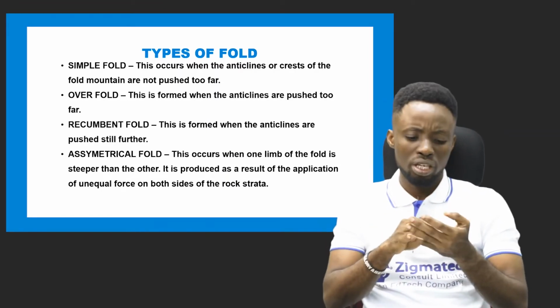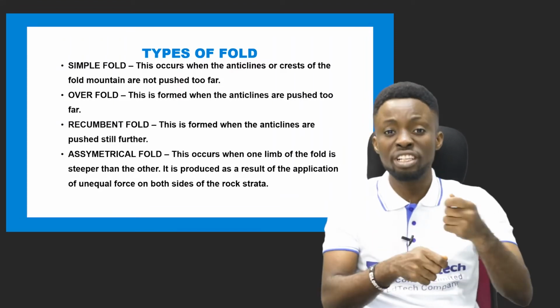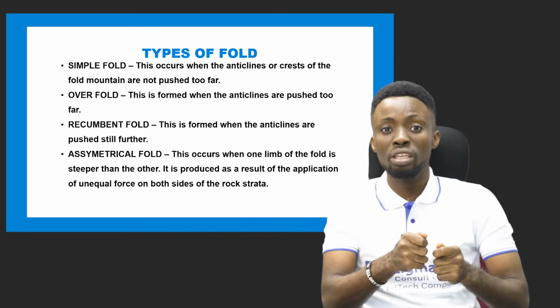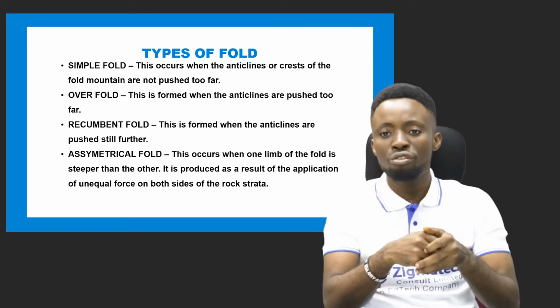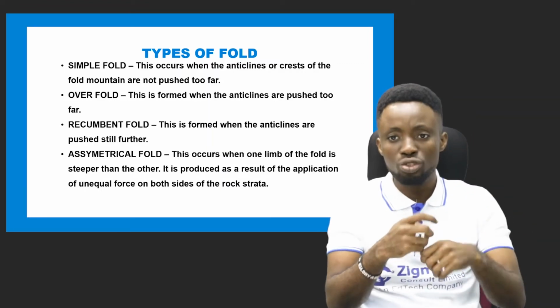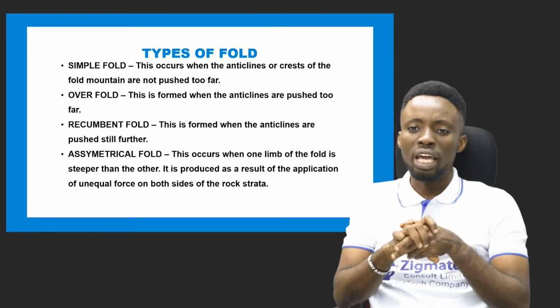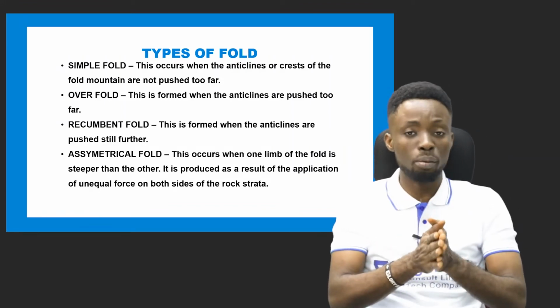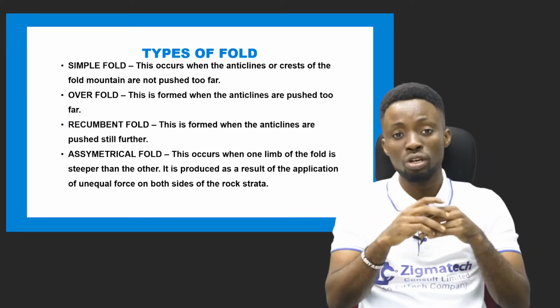Then the fold is said to be recumbent when the overfold stretches further, or when the anticline is pushed further and further. So that type of fold is called a recumbent fold. Then we have the next type of fold, which is known as the asymmetrical fold.